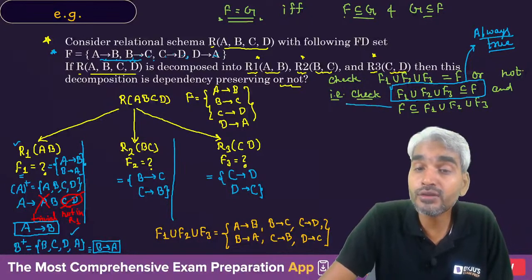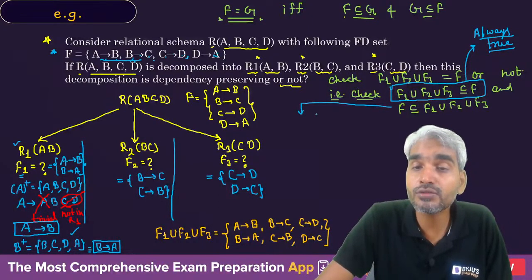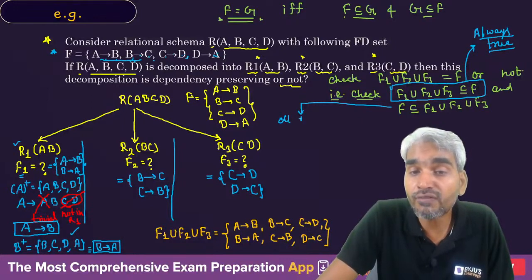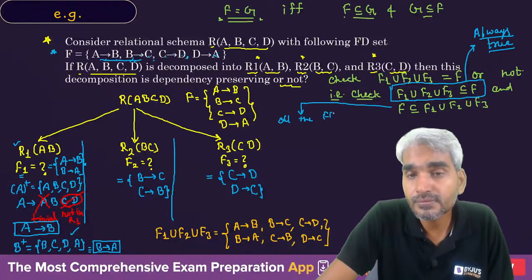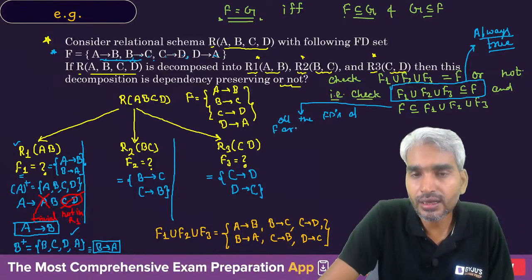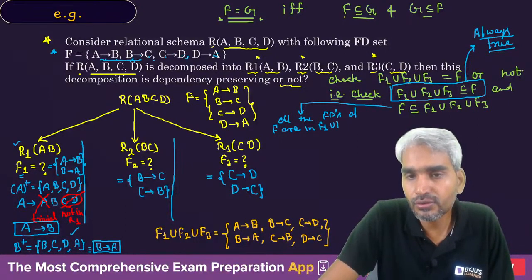What does that mean? All the FDs of F are in F1 union F2 union F3 or not.